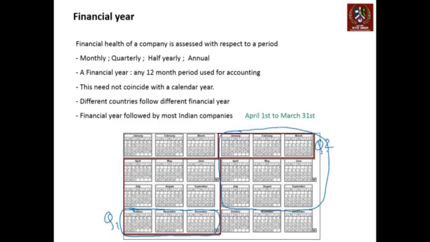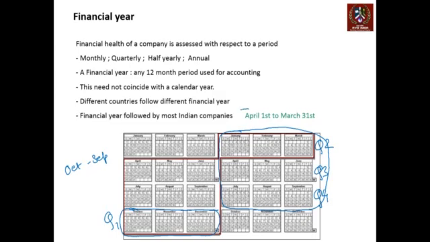Quarter is a 3 month period, right? So quarter three, quarter four. Essentially, that's if a company is following an October to September accounting year, right? So that's how accounting years or financial years are told.